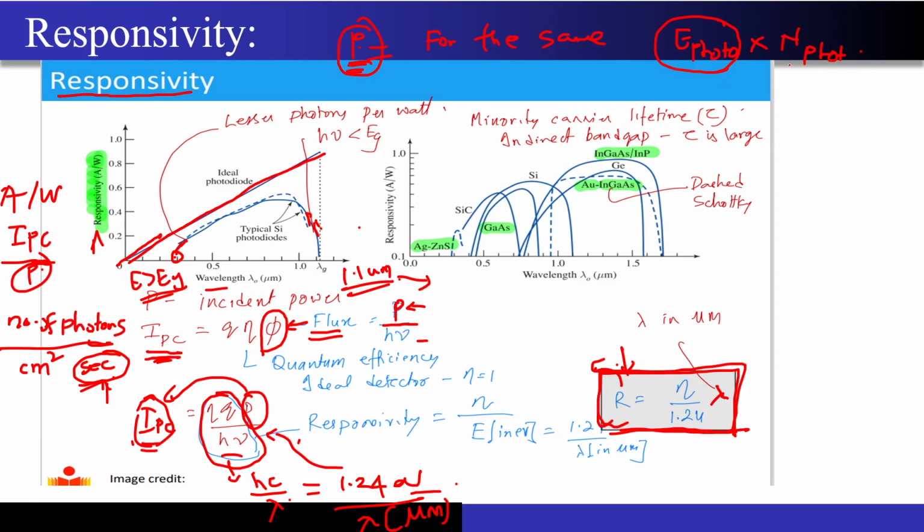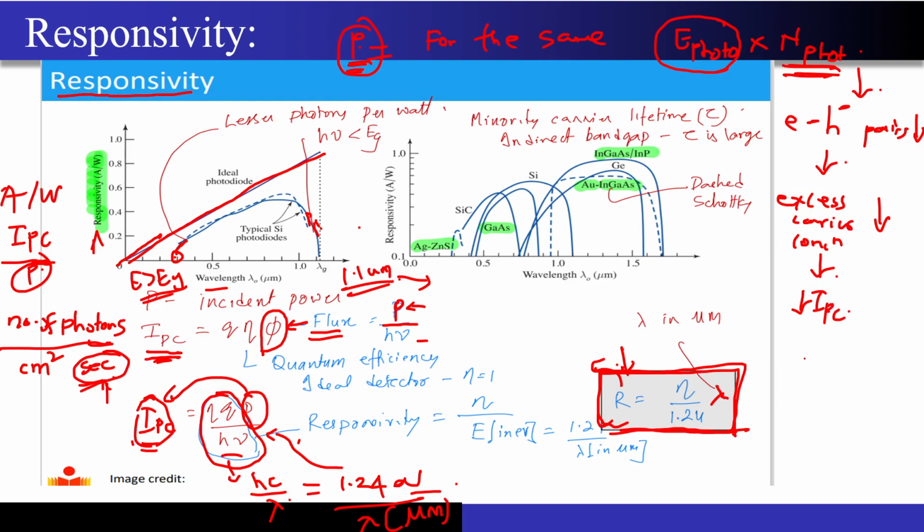What does this mean? The number of photons that I am shining are going down. If the number of photons that I am shining are going down, that means a lesser number of electron hole pairs will be generated. What does this mean? The excess carrier concentration, even that will go down. And if this goes down, then the photocurrent that I will be getting, even that is gonna go down, correct.